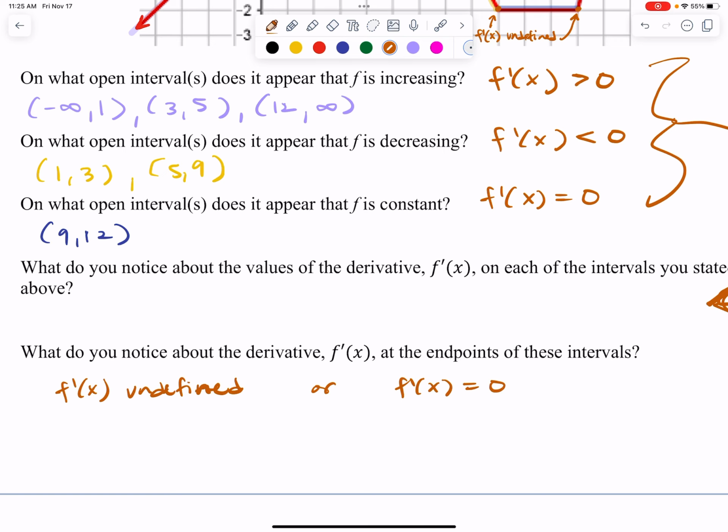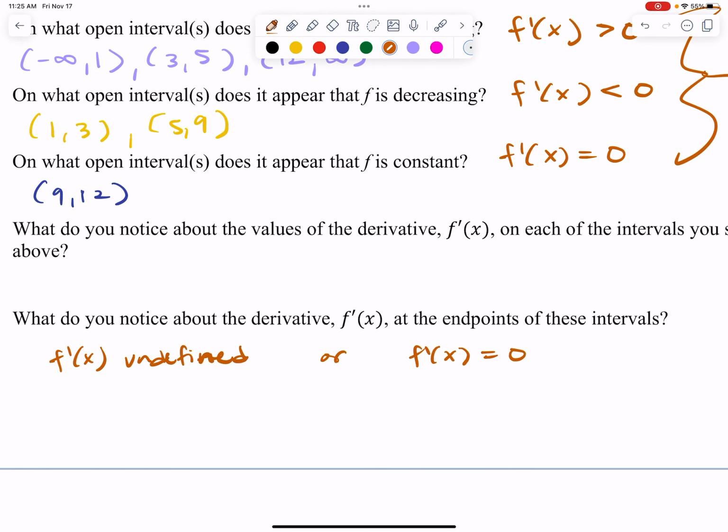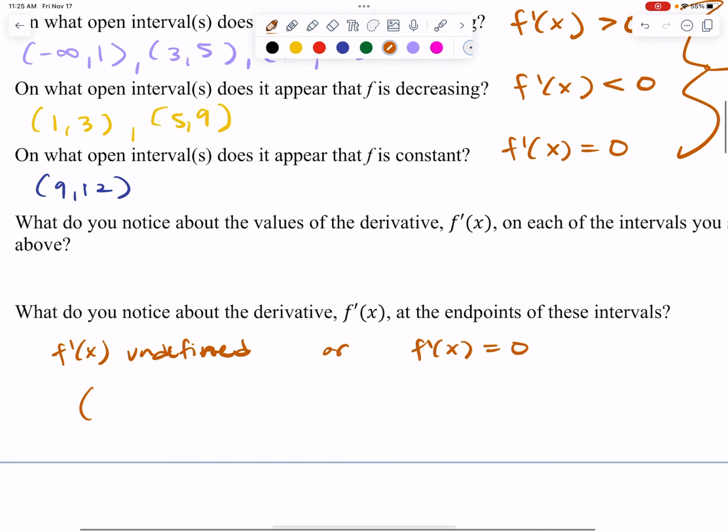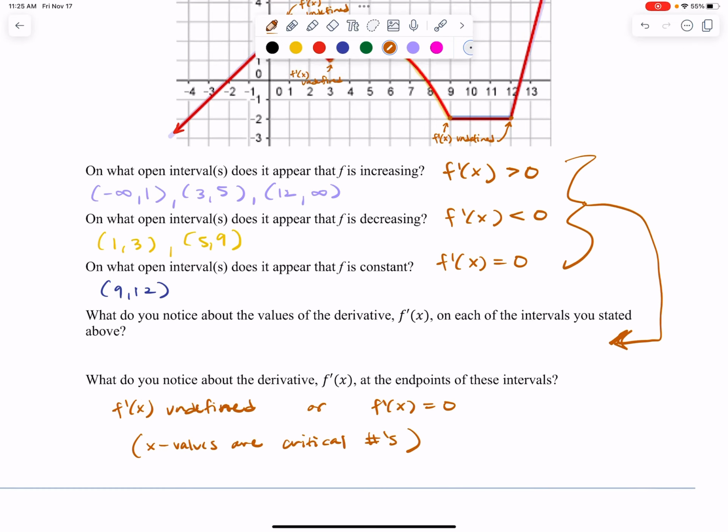So that means the x values at each of those points we would refer to as critical numbers or critical values. So the x values are critical numbers, right? Values that would make the derivative undefined or equal to 0.